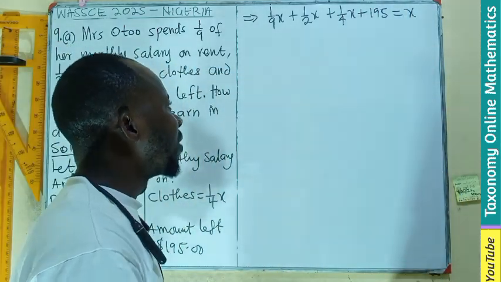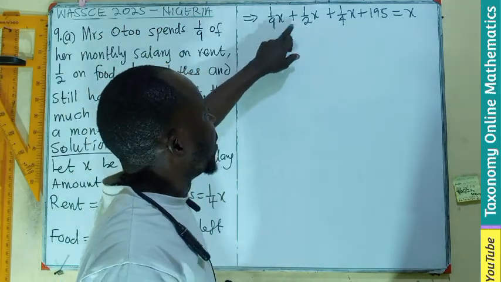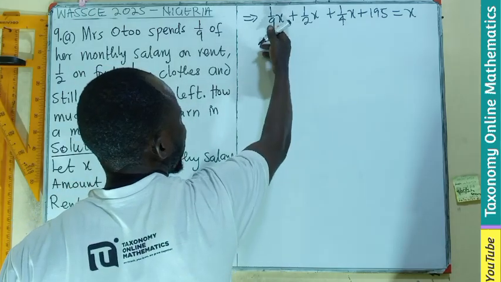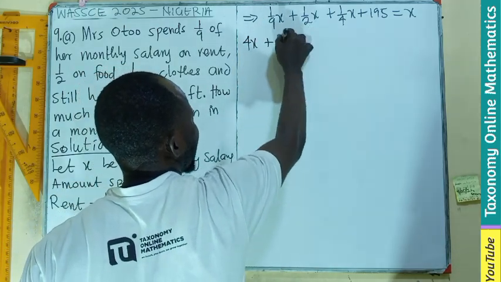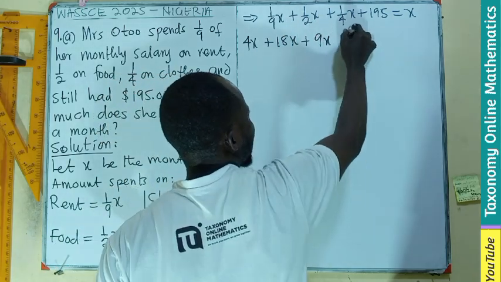Okay, so in this case we can deal with our LCM here. This is going to be 36, right? So 36 goes here, that will be 4x. 36 goes here, 18x. 36, 9x.